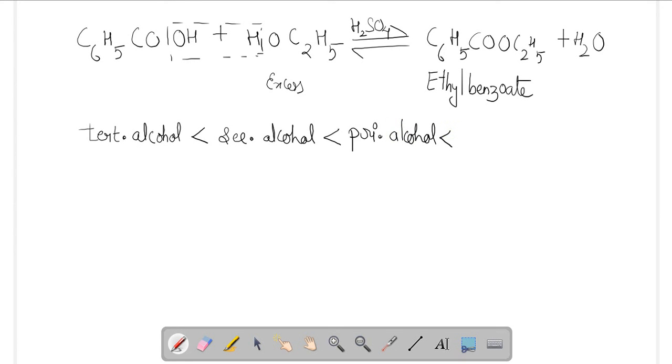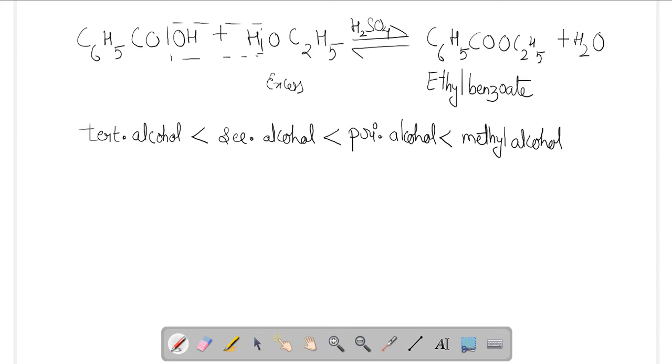The primary will have more reactivity than the secondary alcohols, and methyl alcohol will be the most reactive compared to the primary alcohols. Means the single carbon alcohol will readily form the esters as compared to the primary, the secondary, and the tertiary alcohols.